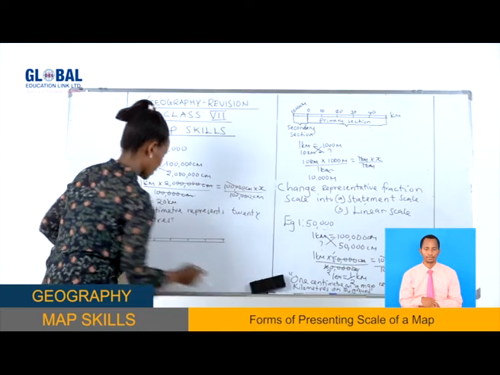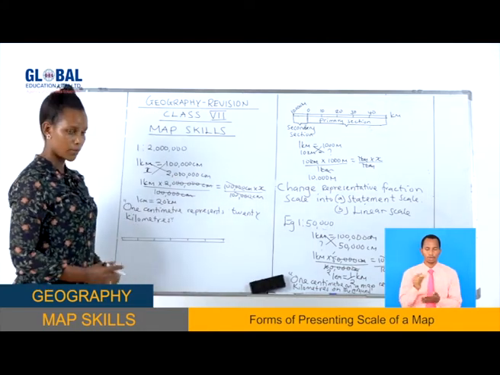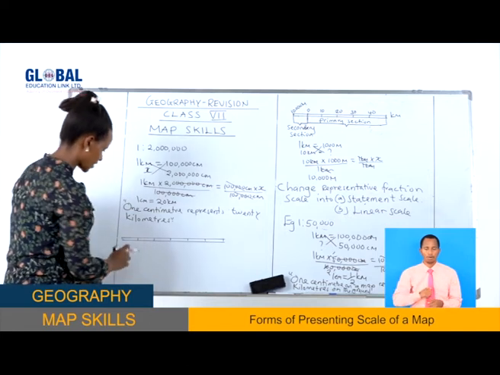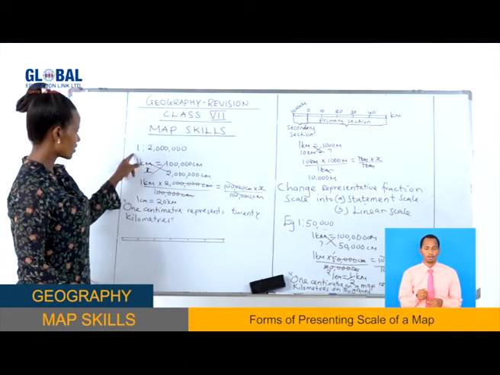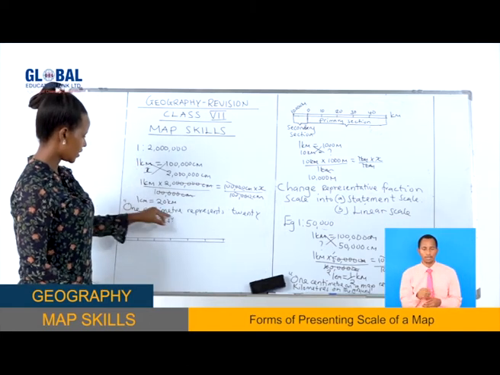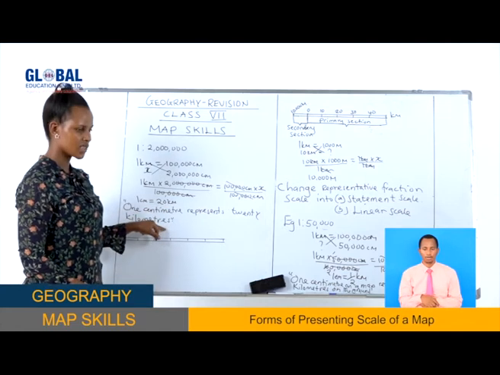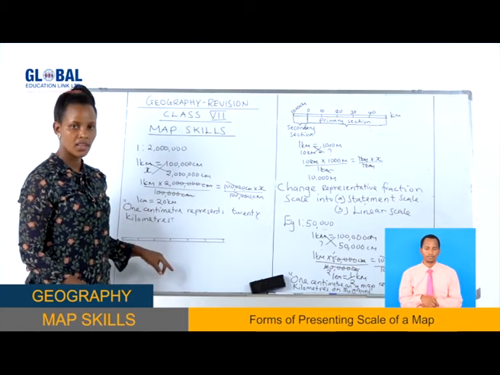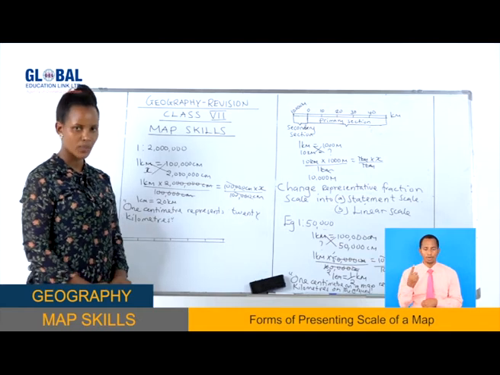This is a linear scale, a graphical representation of a scale in a line segment. It means 1 centimeter represents 20 kilometers. And the linear scale should be in kilometers and meters.